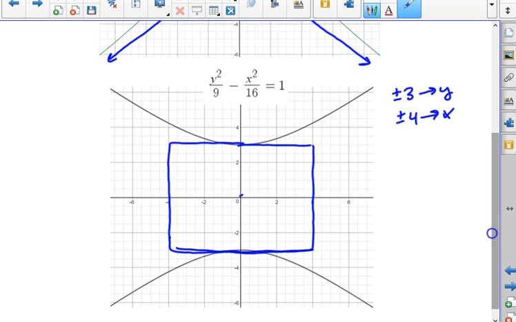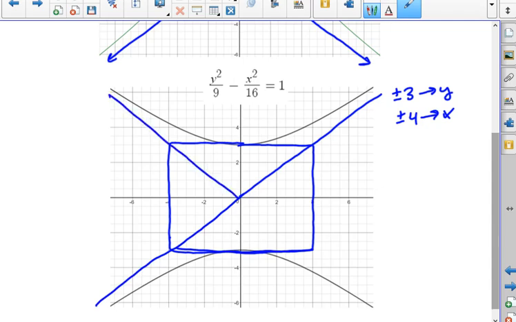And if we draw in the asymptotes, the diagonals of the box are still the asymptotes. Boy, this is sloppy compared to the way I normally draw these. Still the asymptotes for the other version of the hyperbola going the other direction.